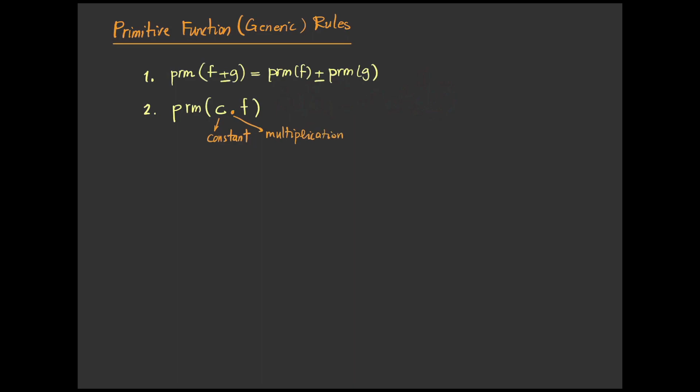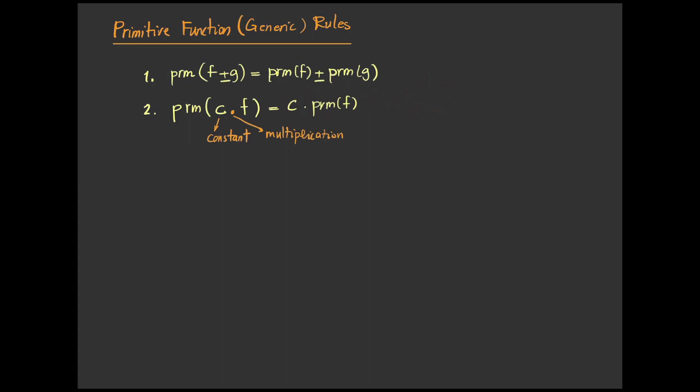Do you remember from Math 3C? If I have a function multiplied by a constant and I am interested in the new combination, what can I do? Yes, it's the constant multiplied by the primitive function of my function.